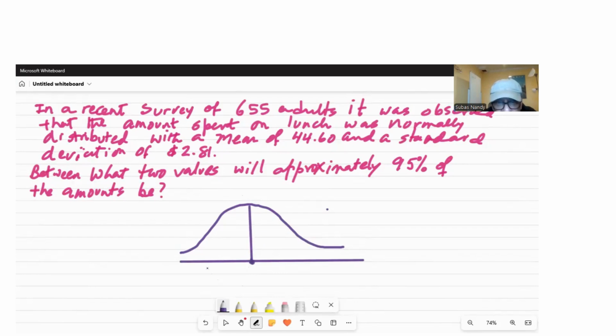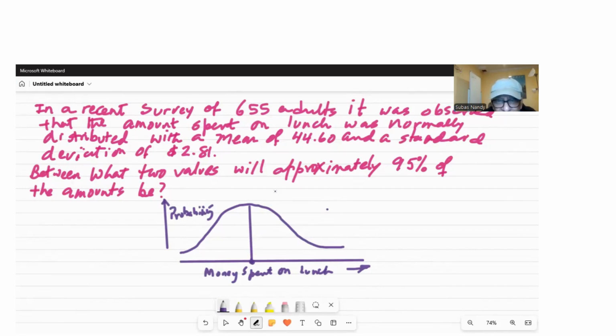Okay, you have money spent on lunch on the horizontal axis, and you have probability on the vertical axis. So this is the probability density function of the lunch money.